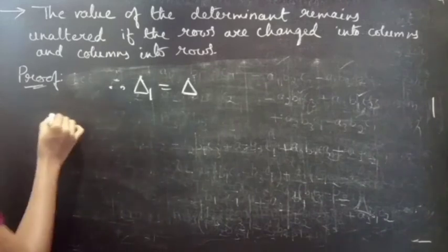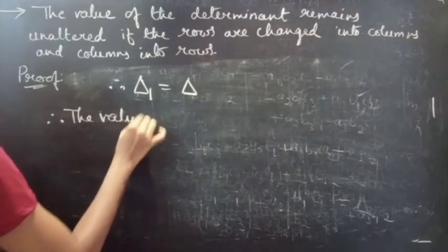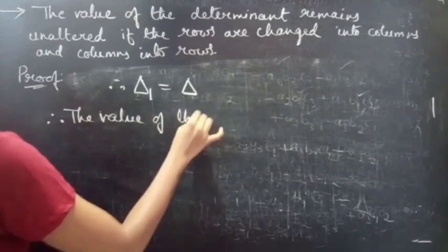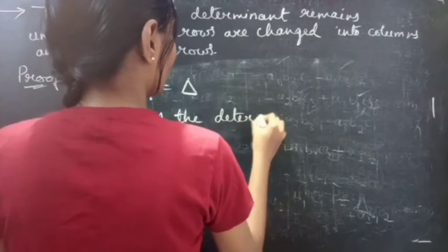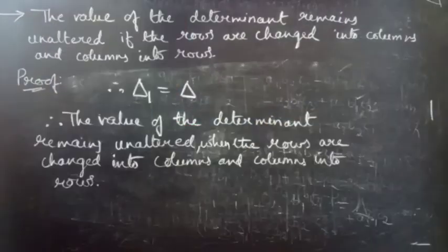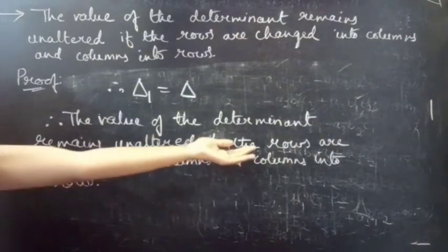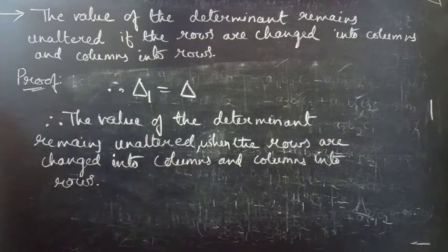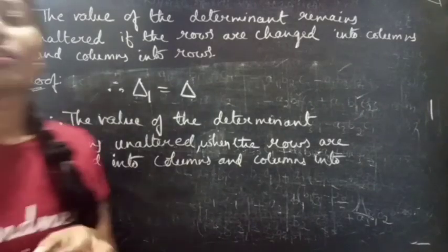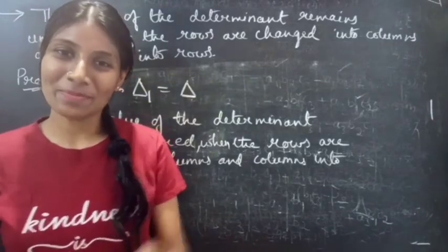Therefore the value of the determinant remains unaltered when the rows are changed into columns and columns are changed into rows. So this completes the proof. Hope you will understand. We'll see you in the next video.